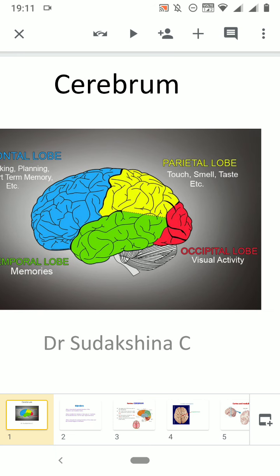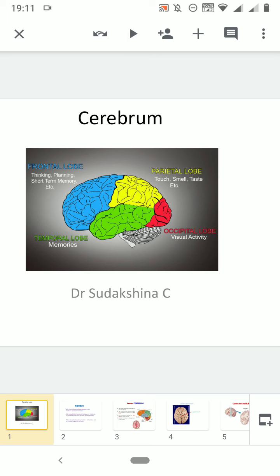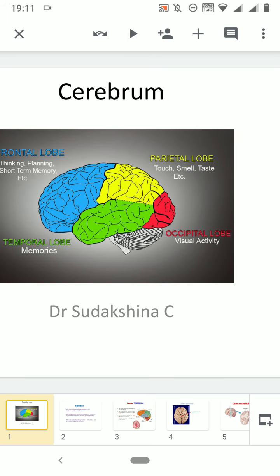Then we have the parietal lobe, which is associated with perception of sensory sensations like touch, smell, taste, etc. And the occipital lobe is primarily concerned with vision. It is dedicated to vision. So it's a very colorful part of the brain, a very conspicuous part of the brain.